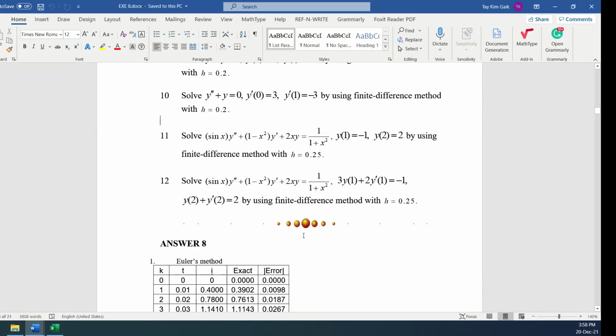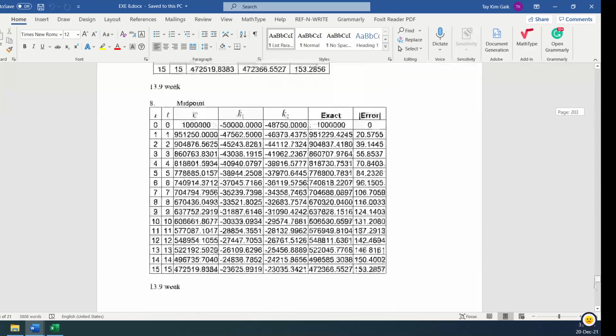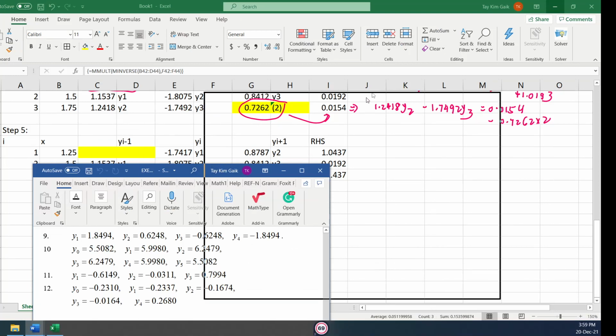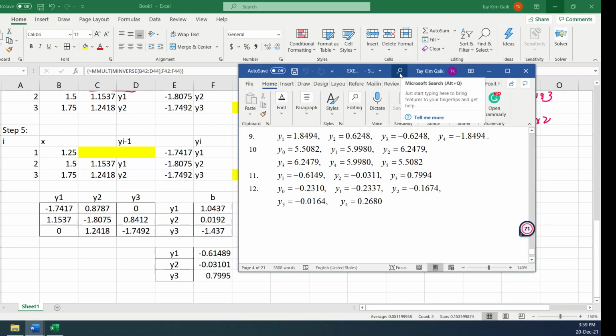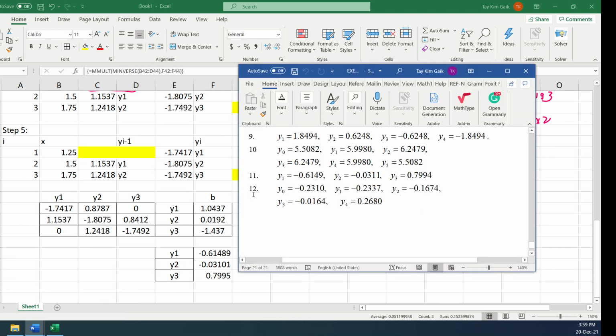Let's check whether it tallies with the result in Example 11. Okay, y1 is negative 0.6149 rounded to 4 decimal places, negative 0.0311, 0.7995. So this is the second question from Exercise X.